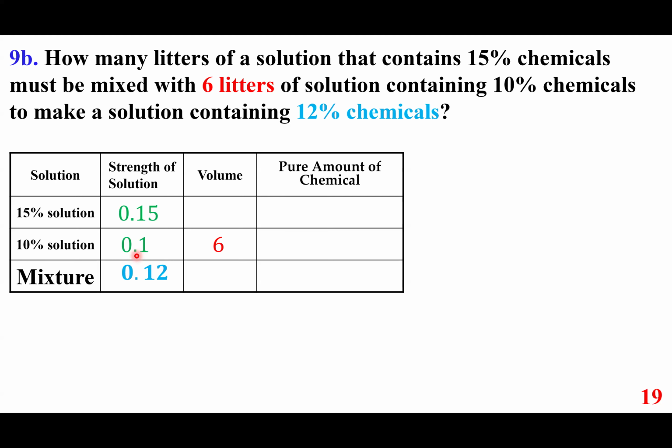Same thing, this is the volume. How much of this one do we need? I have no idea. How about X? Then the reason it's called the mixture problem is they mix up the volume, it adds up. These two would be X plus 6 here. See? Again, just like the previous one, we are looking at a mixture problem, everybody.